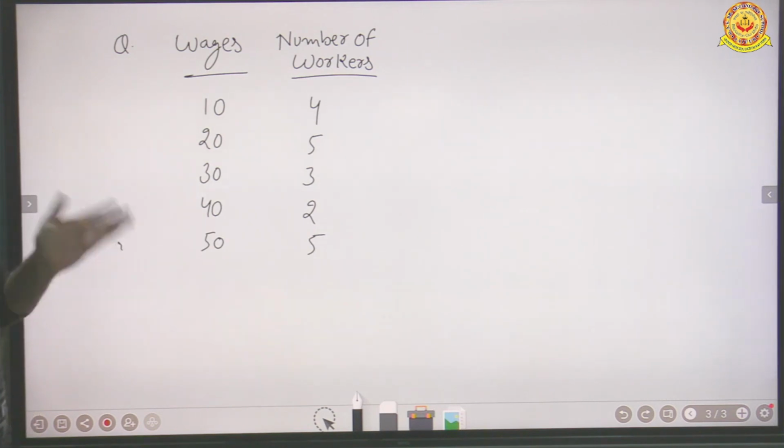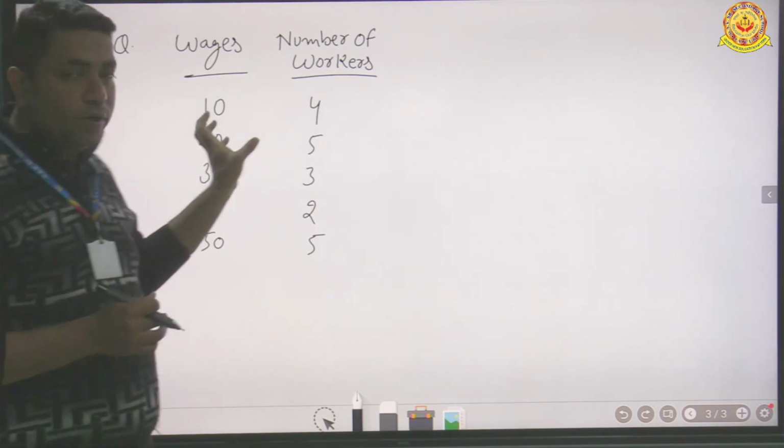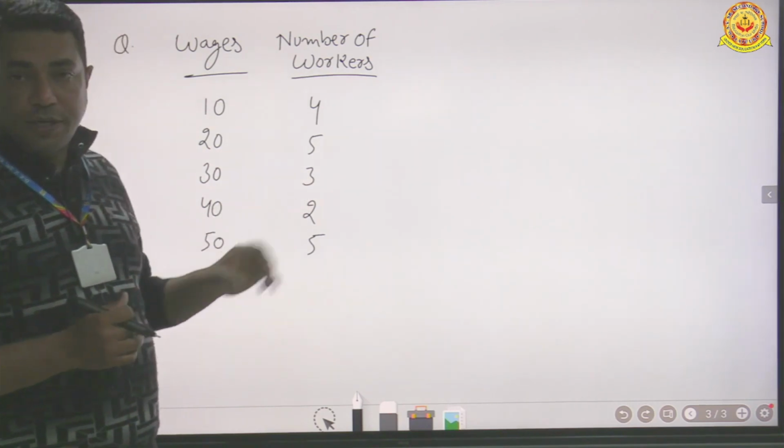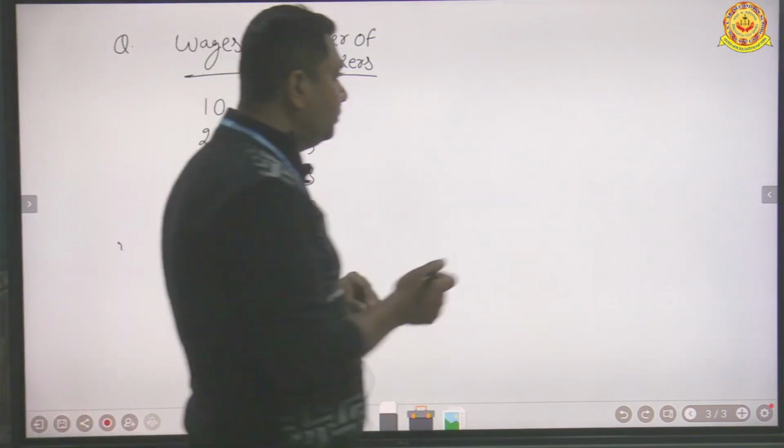Now again we have 2 methods for the calculation of arithmetic mean in the case of discrete series. The first one is the direct method.